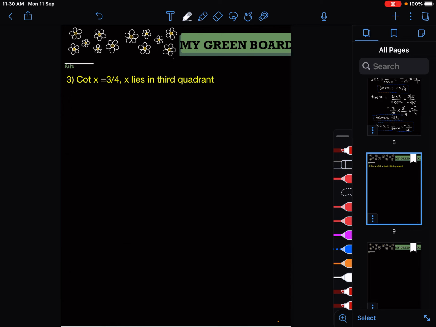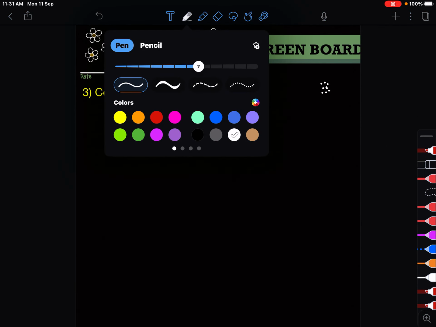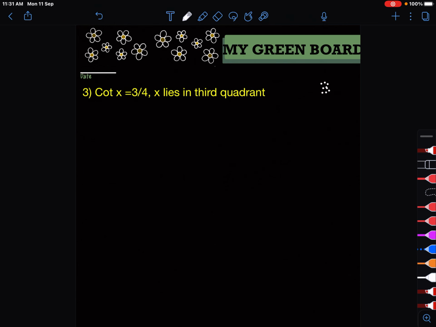Okay. So in the third quadrant we very well know that the values of tan and cot are positive. The rest all will be negative.